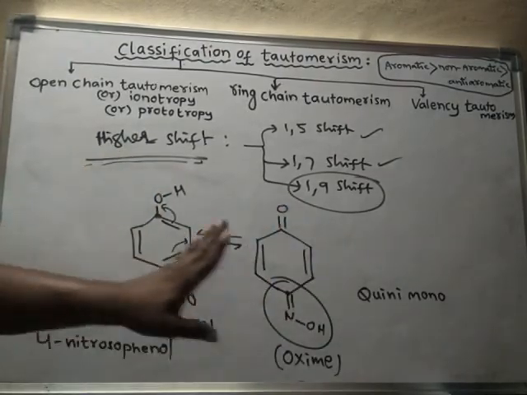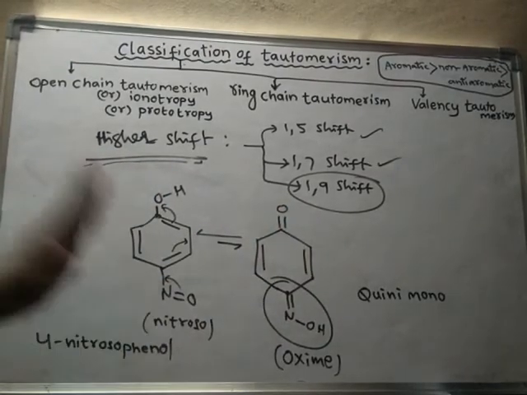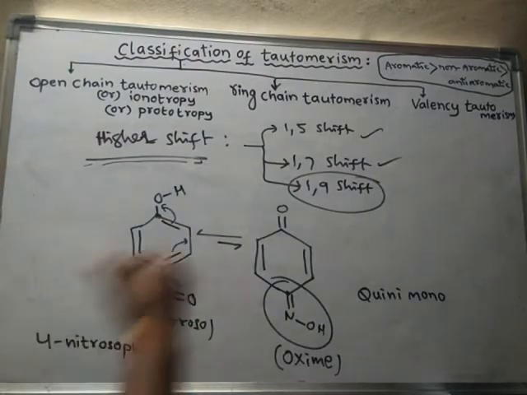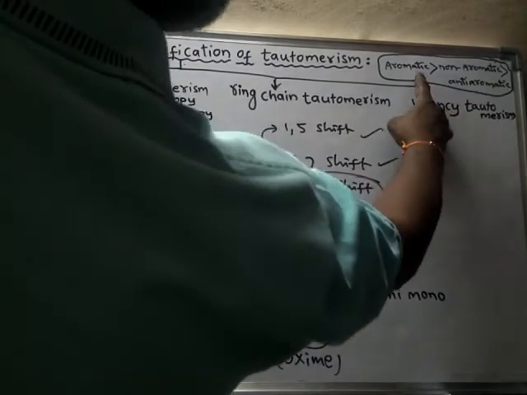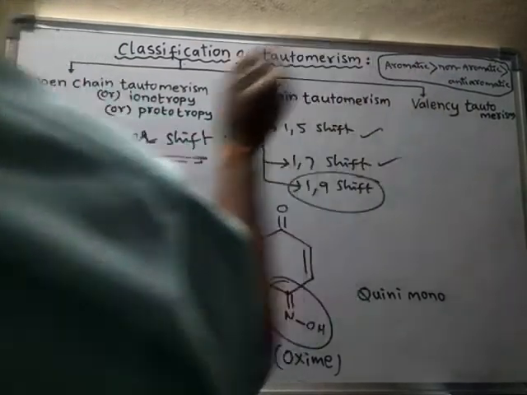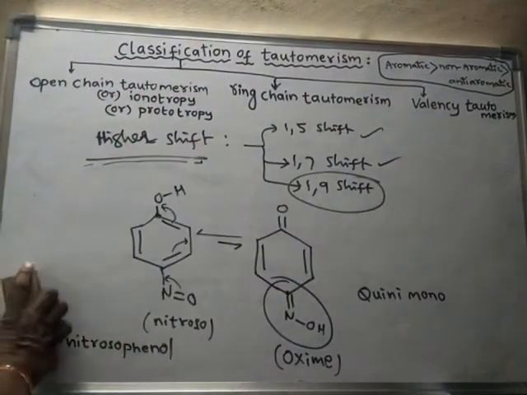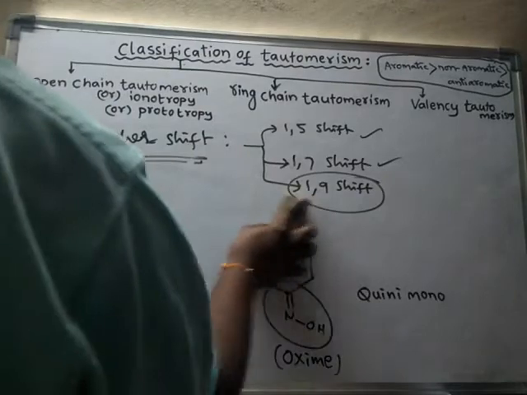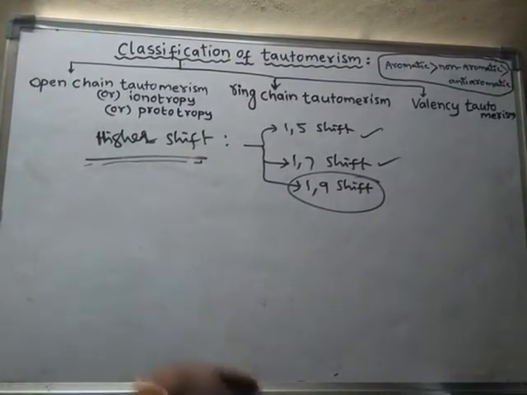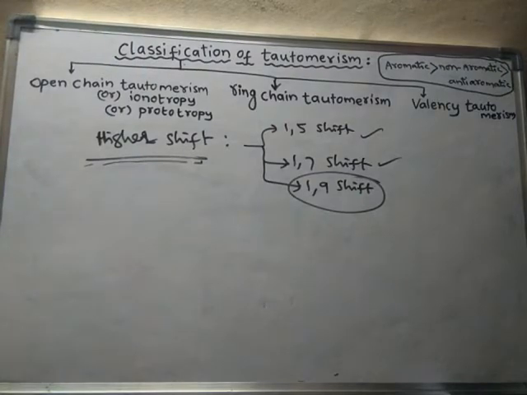So in this example, nitroso is more stable than oxime. What is the reason? Because it is aromatic. It is anti-aromatic. Anti-aromatics are the least stable, non-aromatics are less stable than aromatics. So like this, this is an example for 1,7 shift.